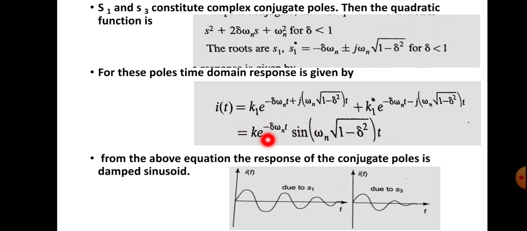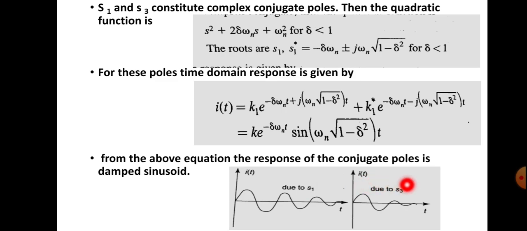If we plot this time domain response, you can find that the response due to the complex conjugate pole is a damped sinusoid. That means there is a sine function, and that sine function will decay when time approaches infinity. In this figure, you can see that this is the response due to S1 and this is the response due to S3.